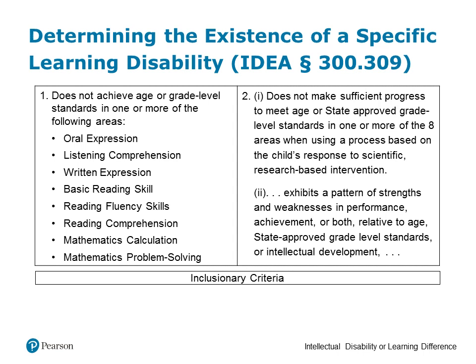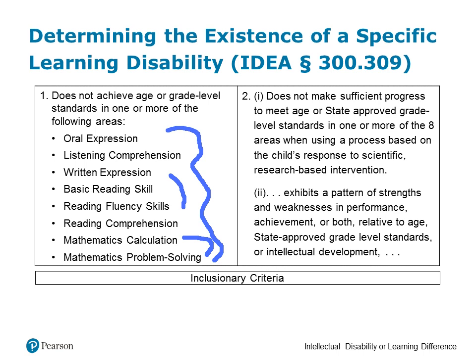So when you think about IDEA and the 13 possible categories that we might be able to use, certainly you're thinking about this one. He doesn't achieve age or grade level standards, maybe in one or more of the following 8 areas: oral expression, listening comprehension, written expression, the 3 reading areas, and the 2 math areas. And certainly we'll talk about that with respect to the assessment question that we posed.